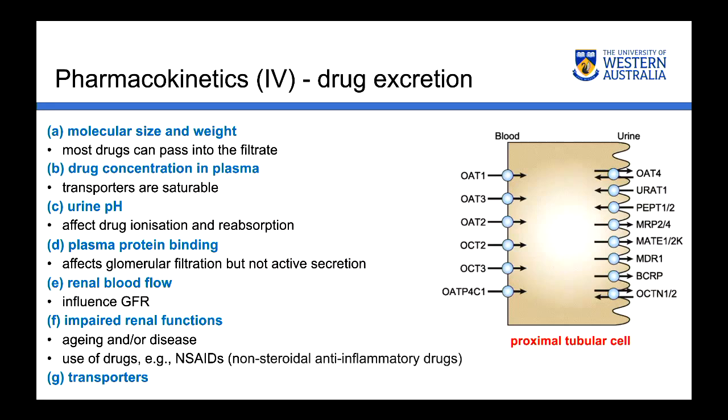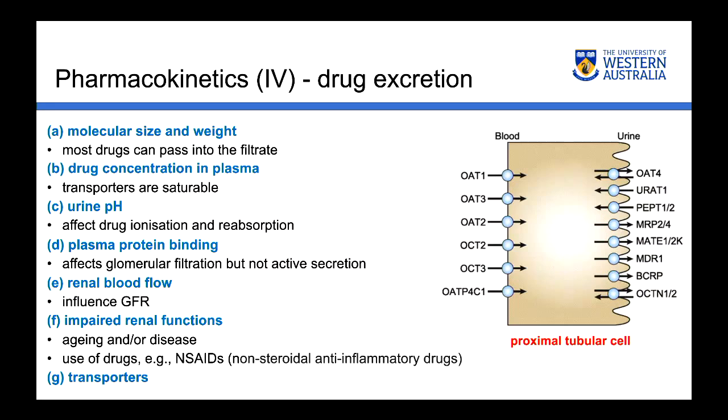It will stay in the circulation. Only when it becomes a free molecule can it be filtered through glomerular capillaries into the filtrate. Now, renal blood flow. Again, this can influence glomerular filtration, and therefore influence the excretion of the drug.